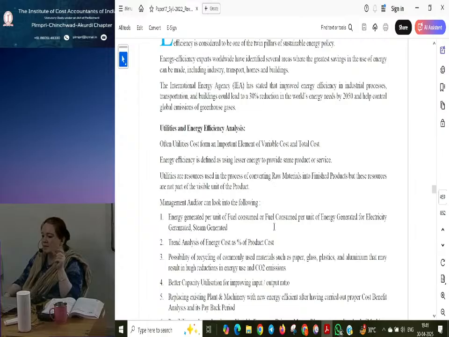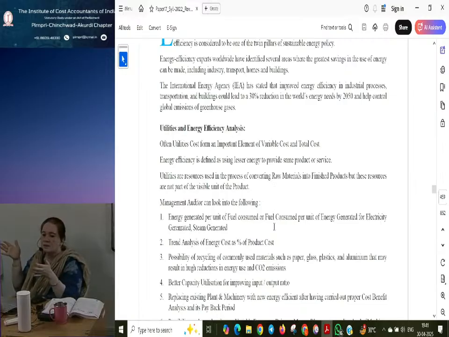Then trend analysis of energy cost as a percentage of product cost. That is one important way to find out what the important costs are that add up to your product cost. As I told, first comes the raw material, then labor, and then of course we have utilities.